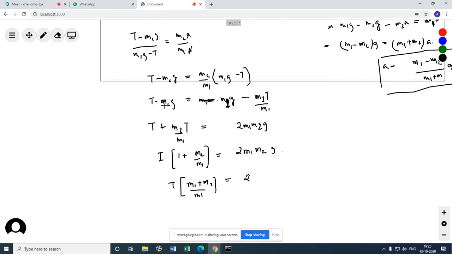I think I have made one mistake here. This would be 2 M2G, no M1 here. So now we get our value. T would be equal to 2 M1 M2G by M1 plus M2. That's it. This is the tension.